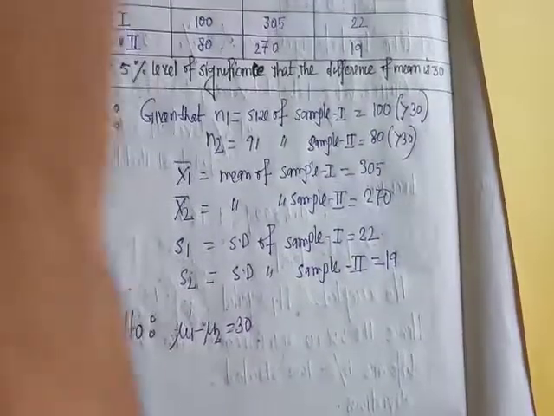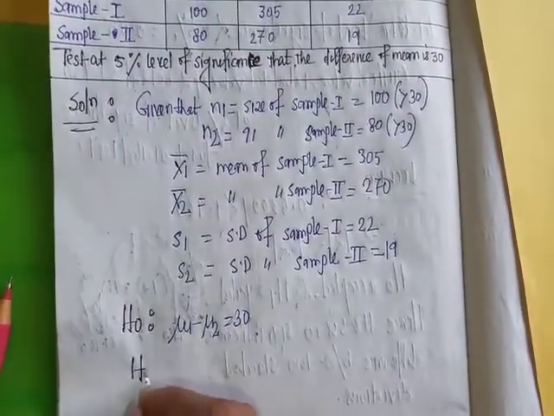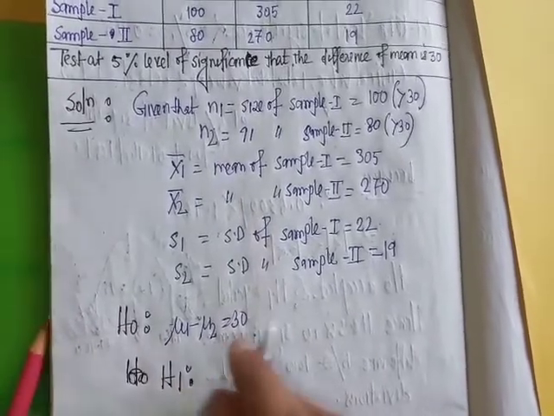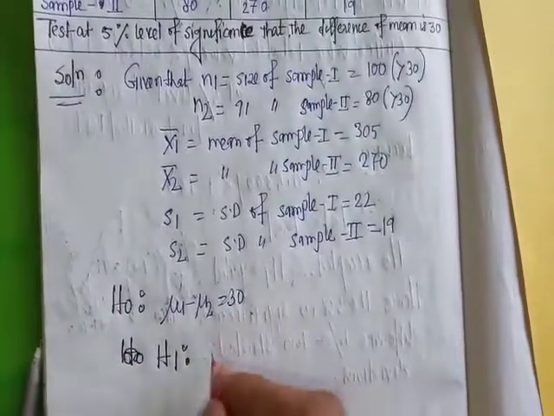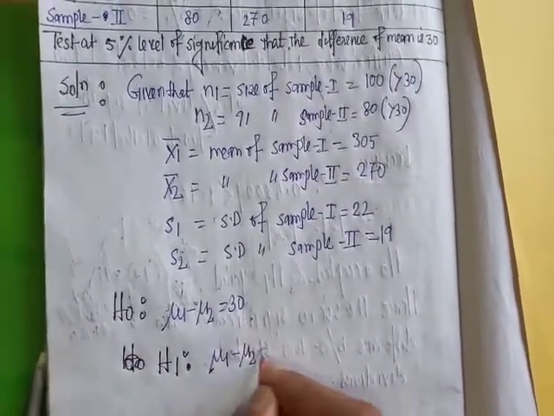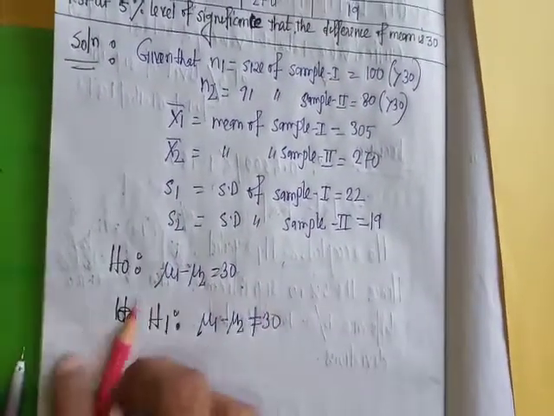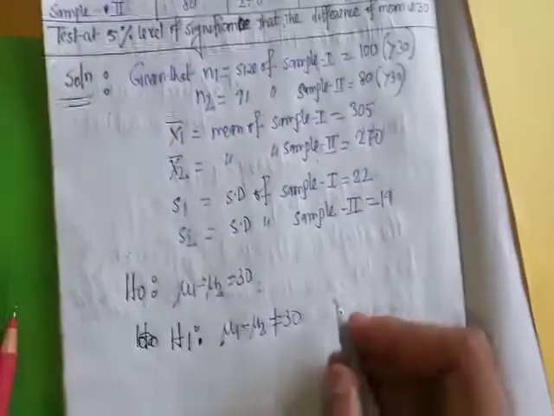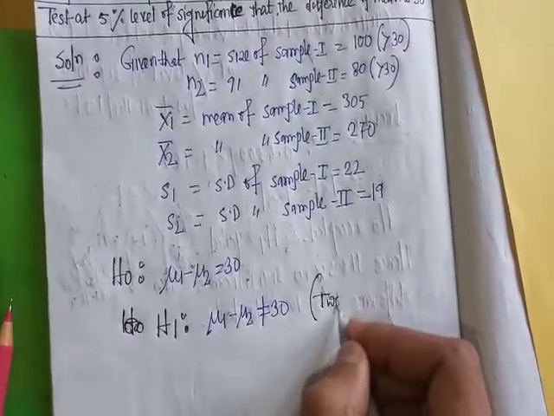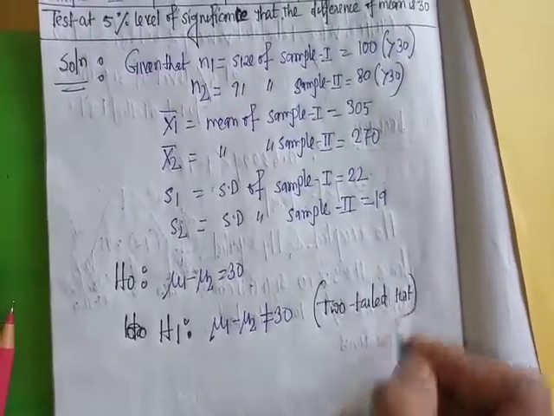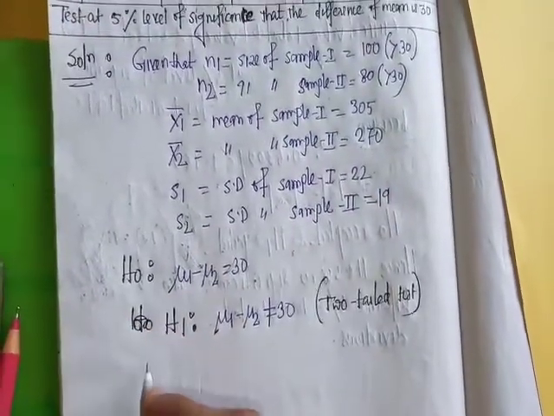The alternative hypothesis will be the complement of H naught, that is, mu1 minus mu2 not equal to 30. Not equal to 30 means two-tailed test. Two-tailed test. Clear?